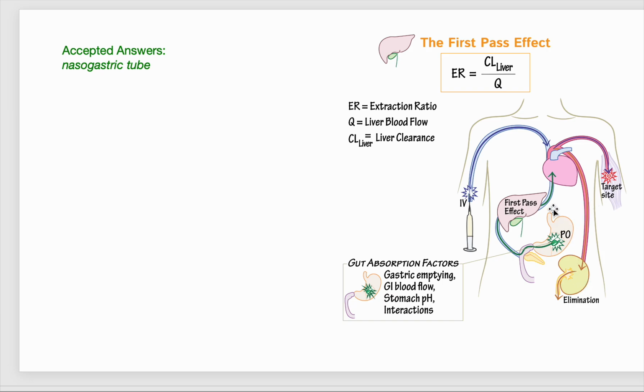And once it is metabolized, it can be eliminated by the kidney. And so less of the drug is available for its action at the target site. Is that clear?